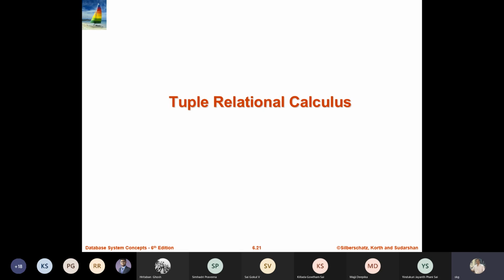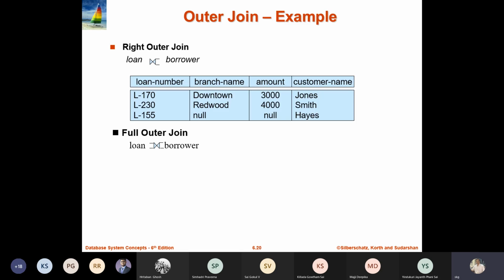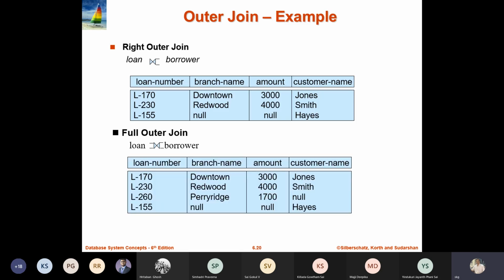These two we will take up in tomorrow's class, and they are declarative languages, whereas what we have seen here is a procedural language. Okay.